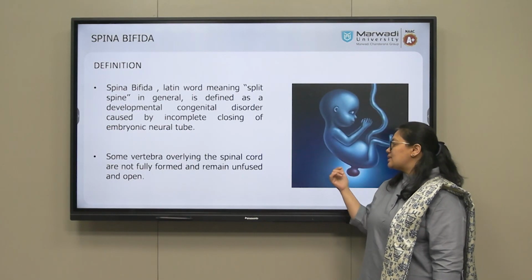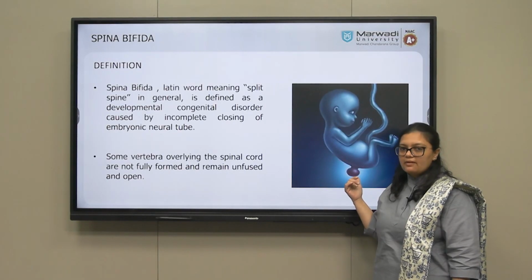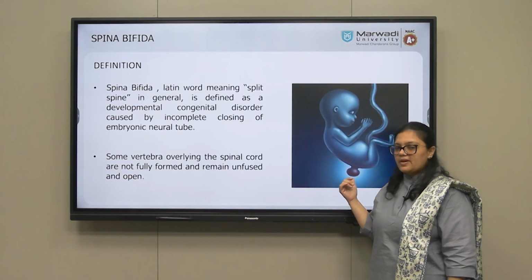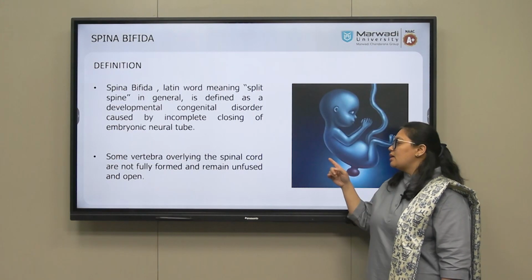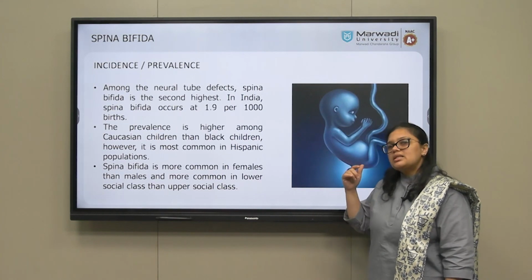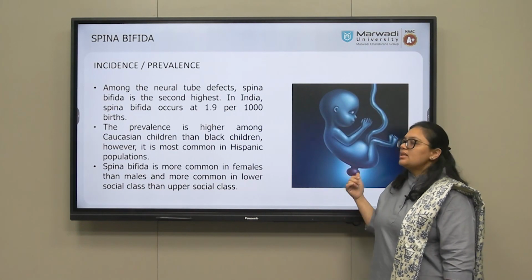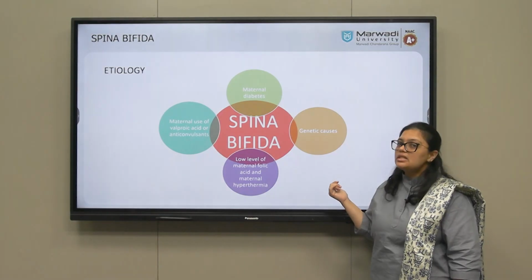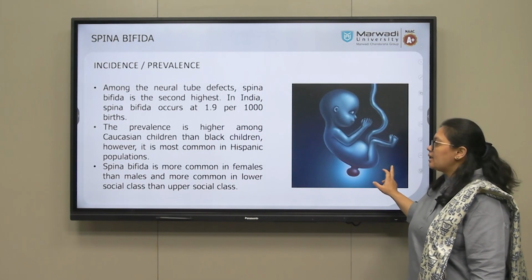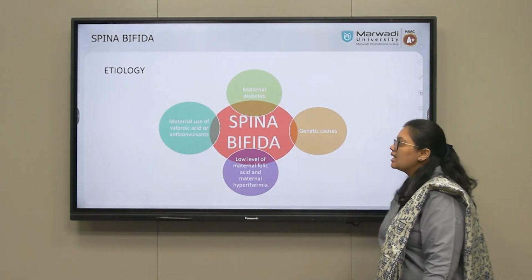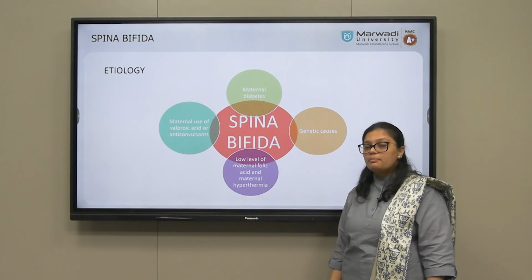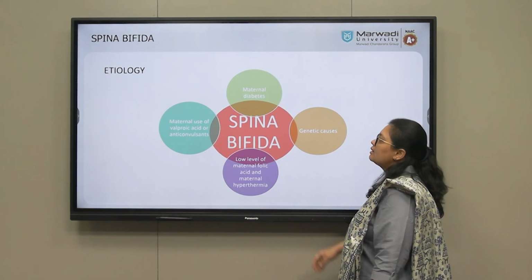So, when this spine is improperly developed, we consider it a neural tube defect, because the spine develops from the neural tube, and when there is some problem in the development of this neural tube, we call that spina bifida.